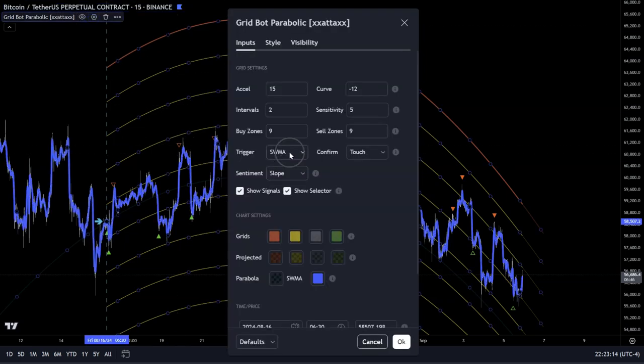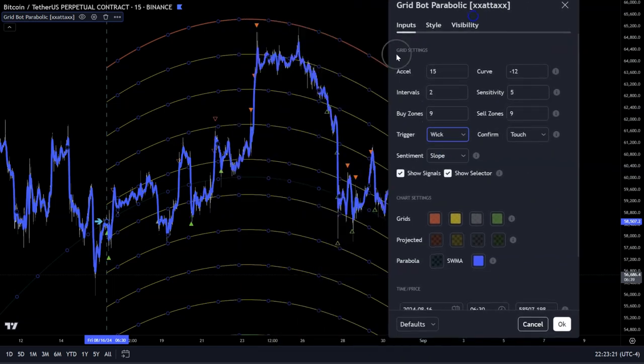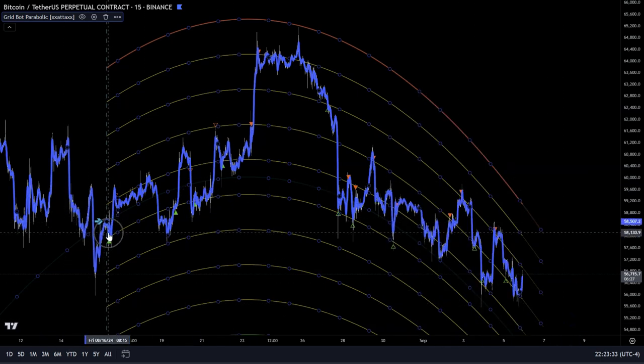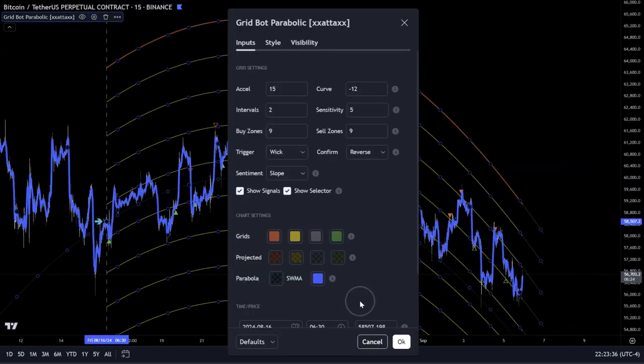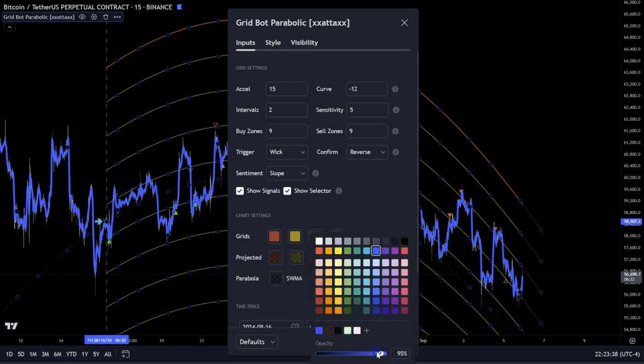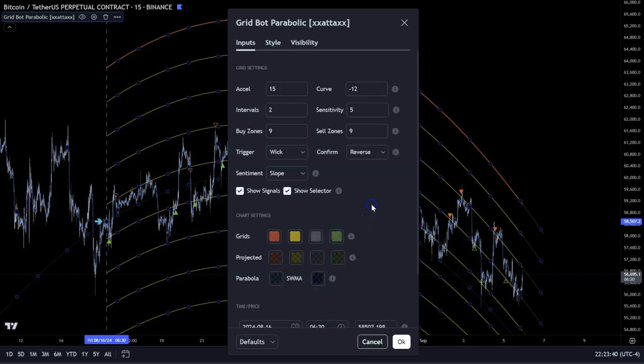Let's go back to using the wick as a trigger, but let's look at the confirmation. We have two options. In this case, the signal triggers anytime the wick touches the next grid level. We may want to make it wait until it reverses. So I'm going to turn the SWMA off to avoid confusion.